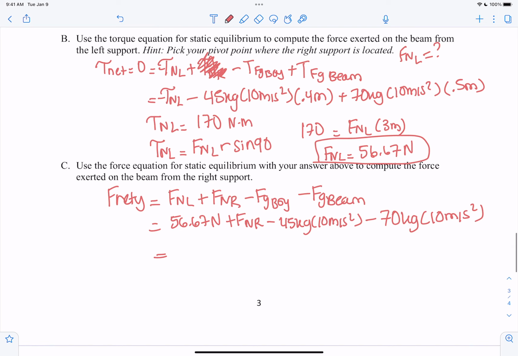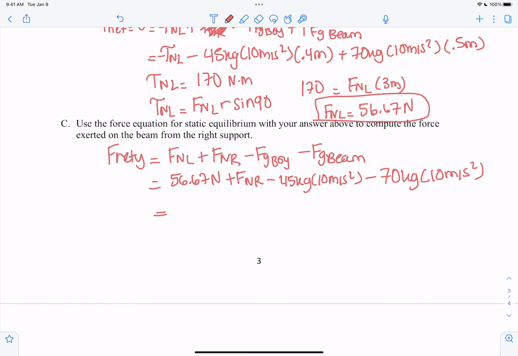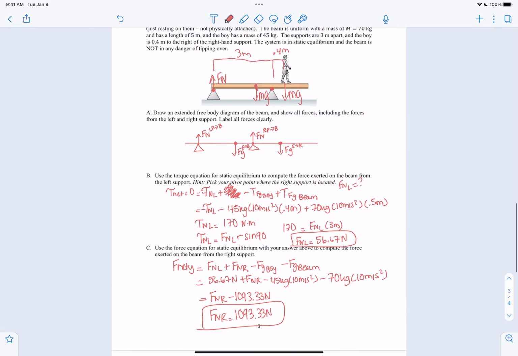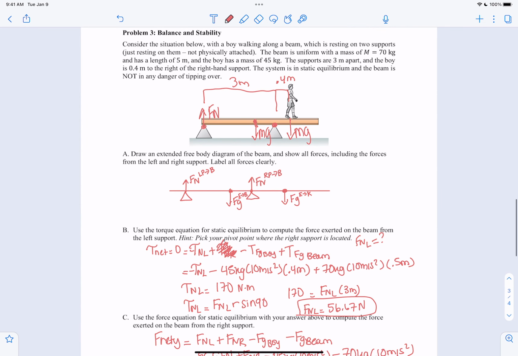Yeah, so that seems absurd, but I'm getting like 1093.33 newtons for that. So the right support is somehow exerting that much force, I guess. That sounds insane, and that makes me doubt what I'm doing for problem 3.